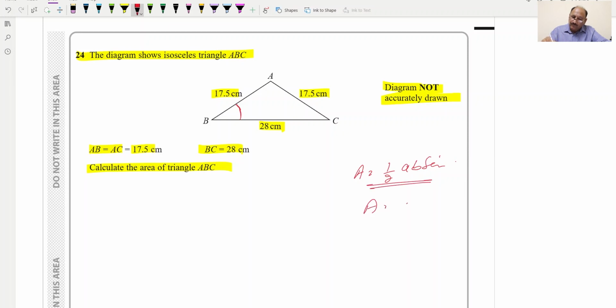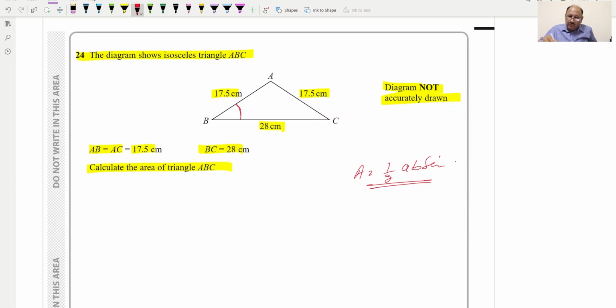And half into a plus b into h we can use, and also we cannot use base into height, basically half into base into height. So this one also we cannot use.